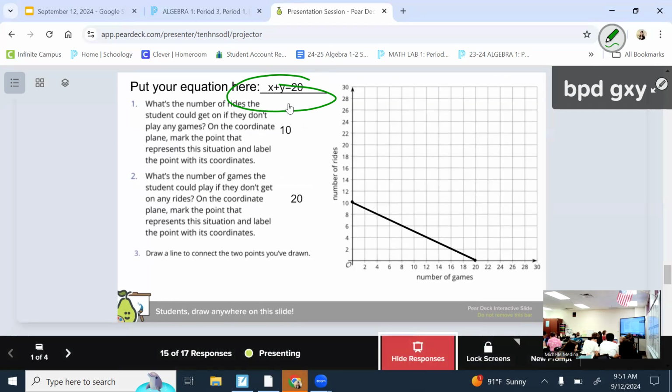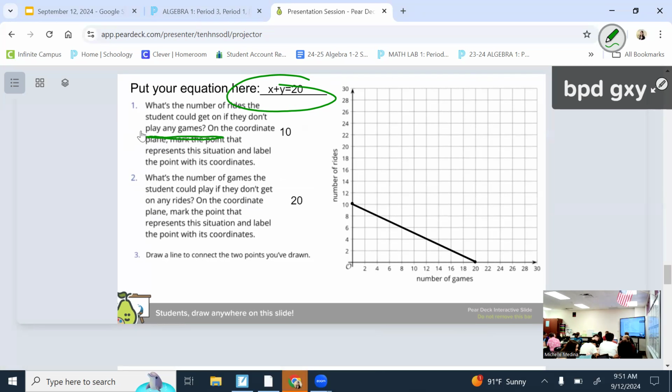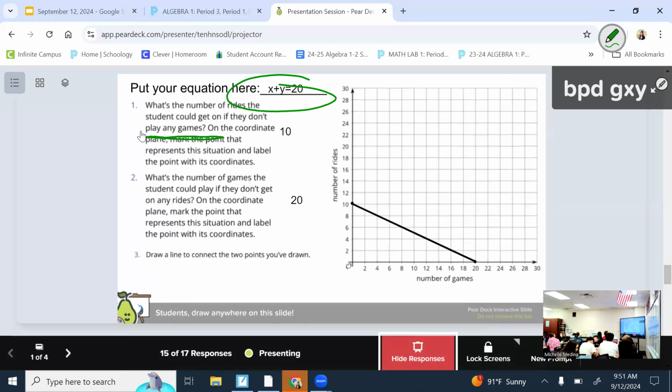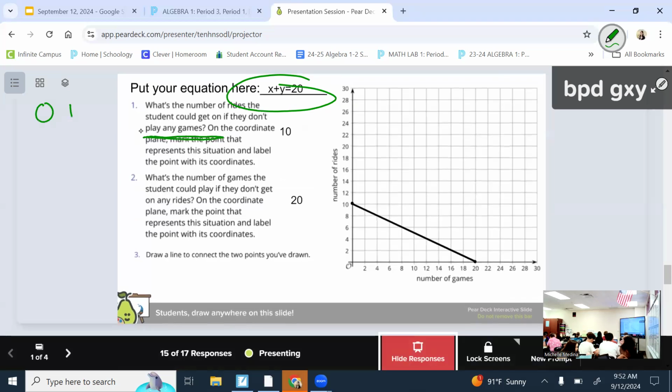X represents what in this situation? Number of games. And the first question it asks you is if they don't play any games. So if they don't play any games, what does X need to be? If X is games and they don't play any games, then X has to be 0.